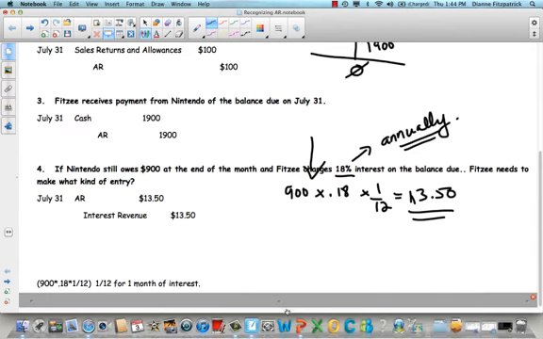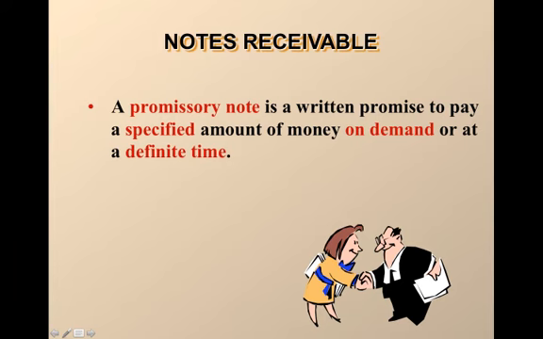There's our interest calculation. So now let's spend some time talking about notes receivable. We spent some time talking about notes payable. It's very simple. A promise to pay is basically what a note is. A promise to pay money. So a promissory note is a written promise to pay a specified amount of money, and it's on demand. What this means is that customers can demand their money back, or the supplier. In this case, if it's a note receivable, we can demand the people we lent the money to at any time to get the money back.